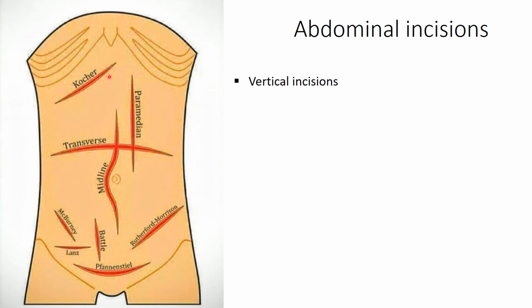Vertical incisions. An example of these is the midline incision. The midline incision can be performed anywhere from the xiphoid process to the pubic symphysis, and generally it is done in emergencies, and it is exploratory.